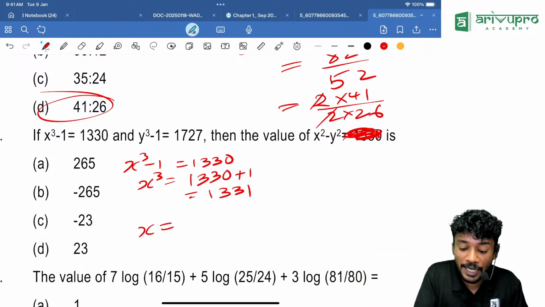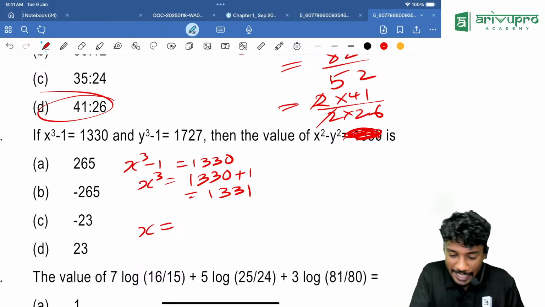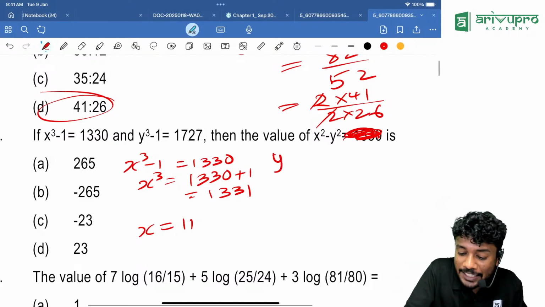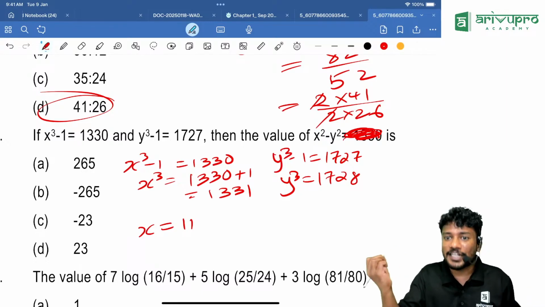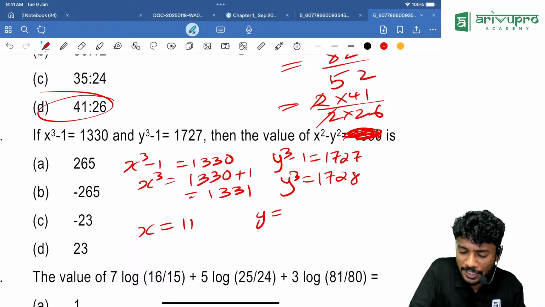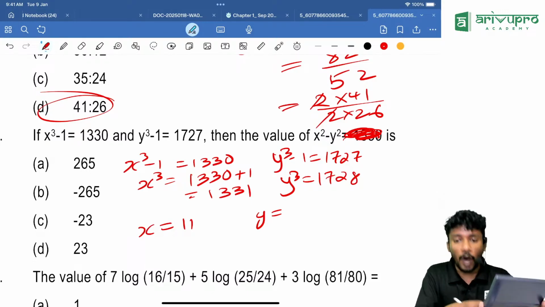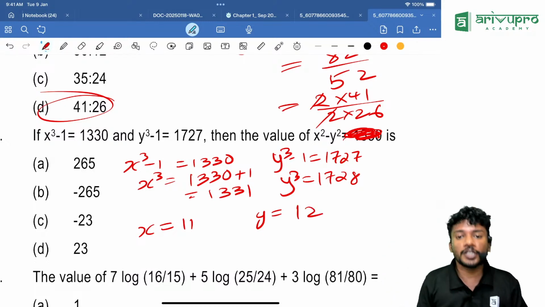x value will be how much? What cube is 1331? 11 cube. So x value is 11. Then y cube minus 1 is equal to 1727. So y cube is 1728. What cube is 1728? 12. Take the calculator and check once: 12 into 12 into 12 is 1728. y is equal to 12.